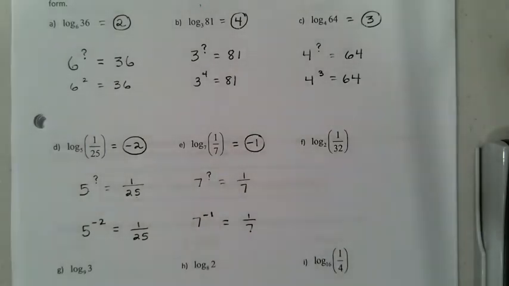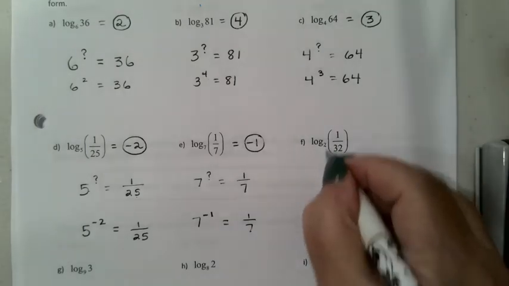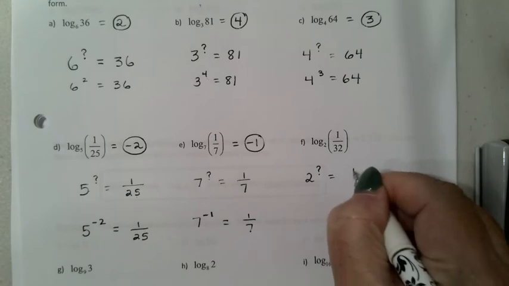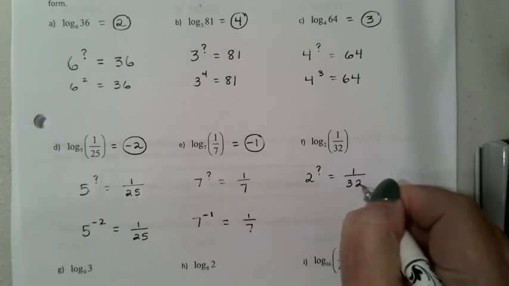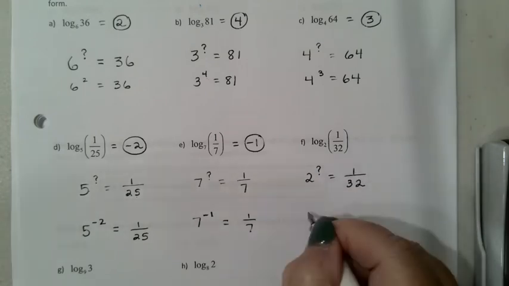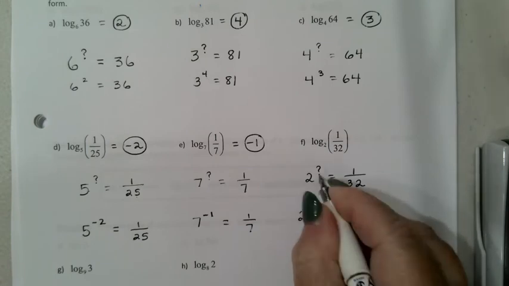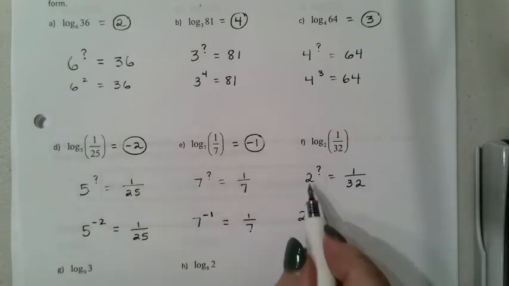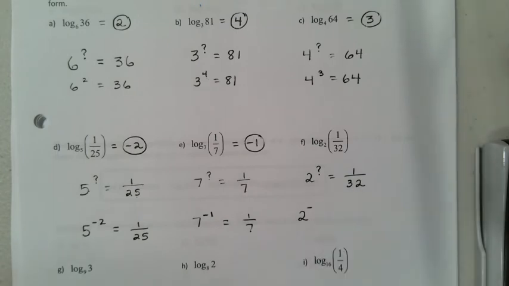All right, I got one more like that. My base here is 2, and I'm asking myself what power would give me 1/32. Once again, to move into the denominator, I'd have to use a negative exponent. And then I need to figure out 2 to what power is 32.